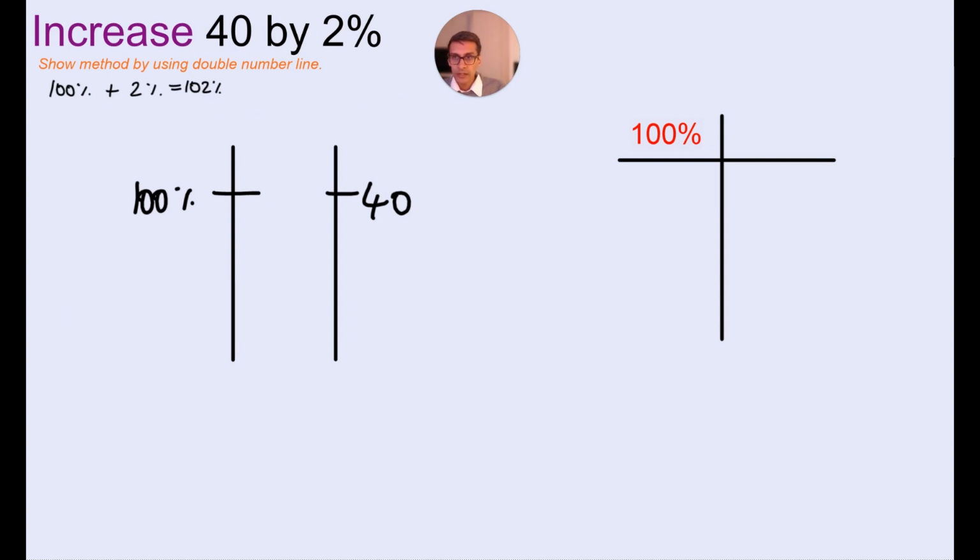Okay, so 1% here is, we divide by 100, so that becomes 0.4. 2%, we're going to double that, so 0.8.